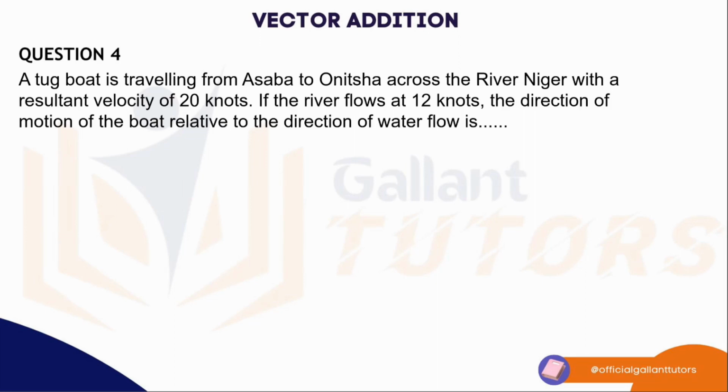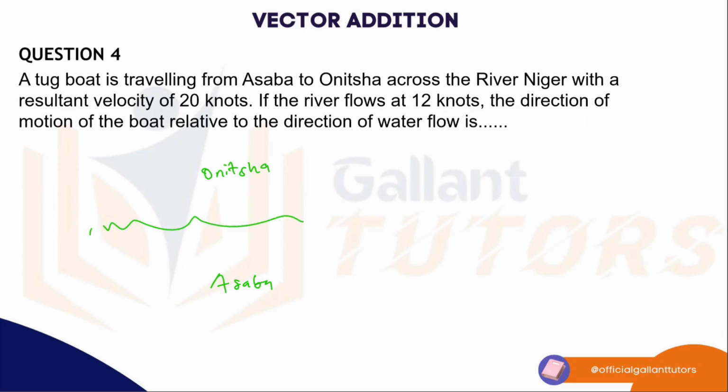Good. Okay, so a tugboat is traveling from Asaba to Onitsha across a river. So it's more likely that Onitsha is here and Asaba is here, right?